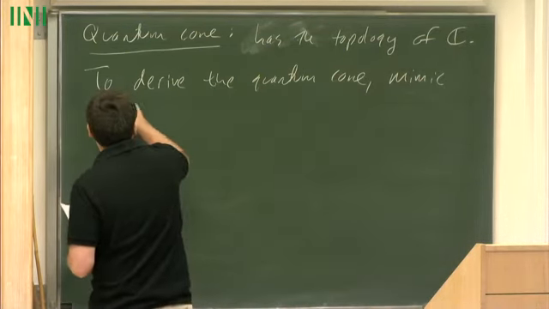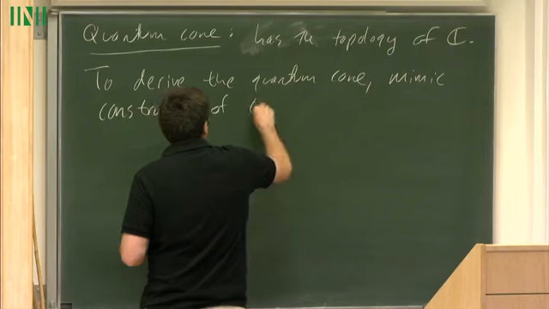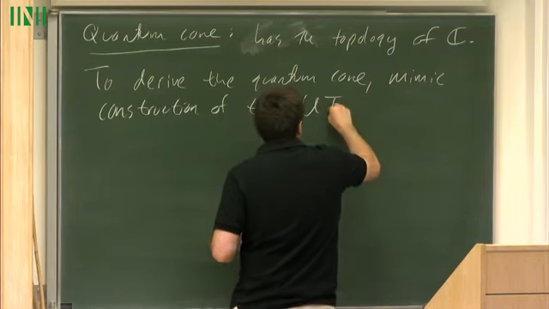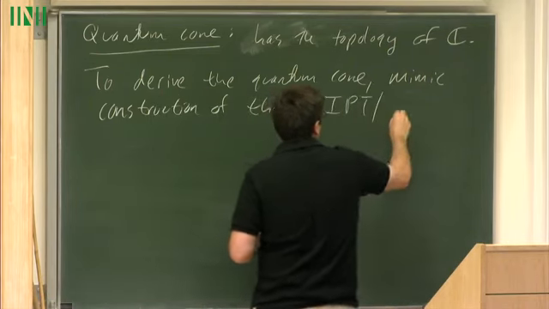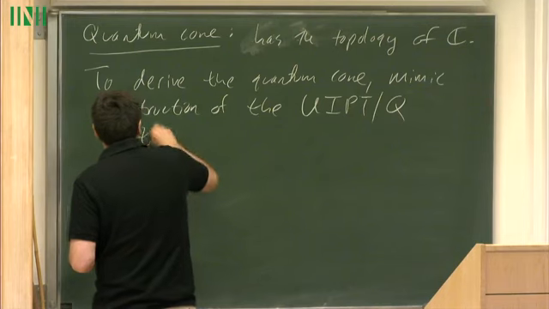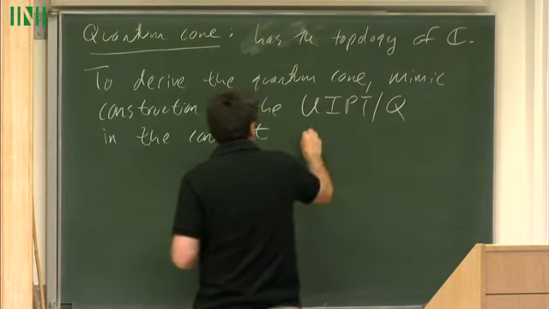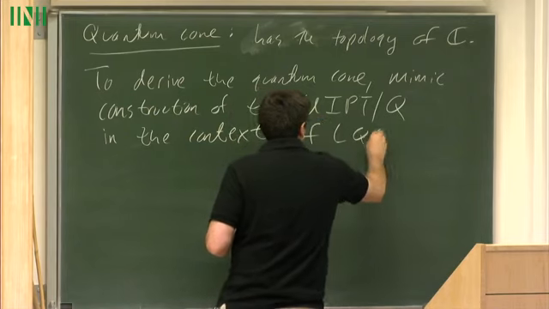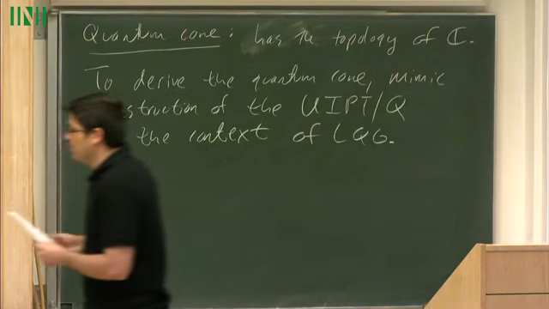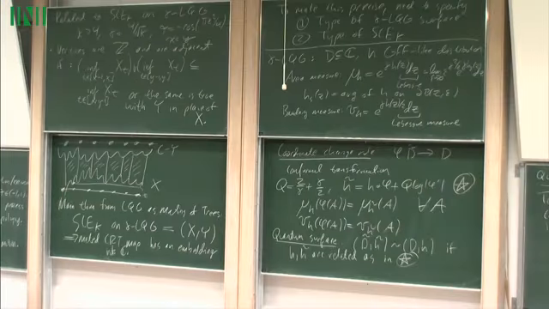So in this particular case, you're just going to mimic the construction of the UIPT or the UIPQ, but you want to do this in the context of Liouville quantum gravity. Okay. So this is the idea. So let me explain how this works in a bit more detail.